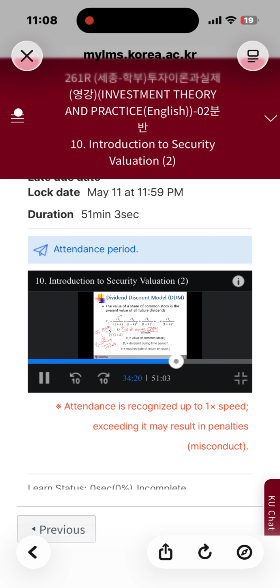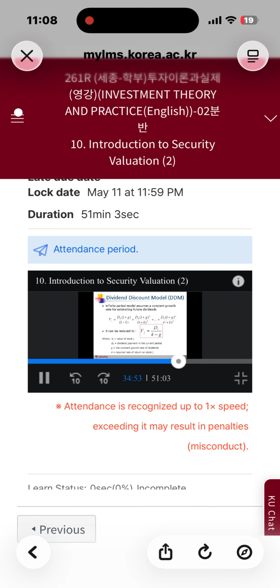So one critical disadvantage of the dividend discount model is that we cannot apply this model to a firm that does not pay dividends. Okay. Anyway, we know that the value of a stock is the future dividend discounted by the cost of equity.